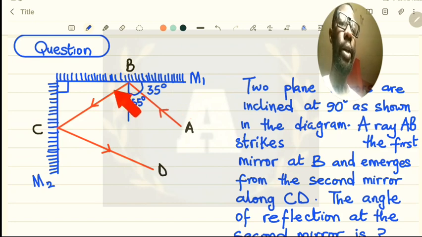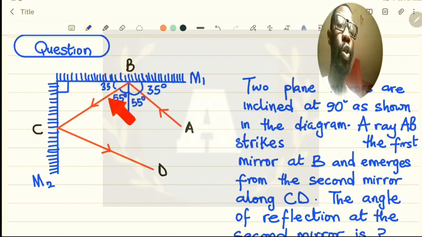So this reflected angle too will also be 55 degrees, leaving this place to be 35. The logic is when you add everything here together, you should get 180, because angles on a straight line add up to 180. Since this is the angle of incidence, the angle of reflection here will be 55 as well.